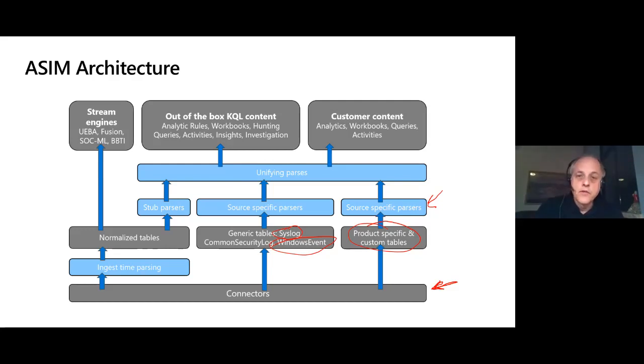All that is unified in a unifying parser, so that a single call to the view, we'll see how the view works in a few seconds, presents all the, say, DNS data to the content. So a rule can now just call DNS and get results from any DNS source in the system.